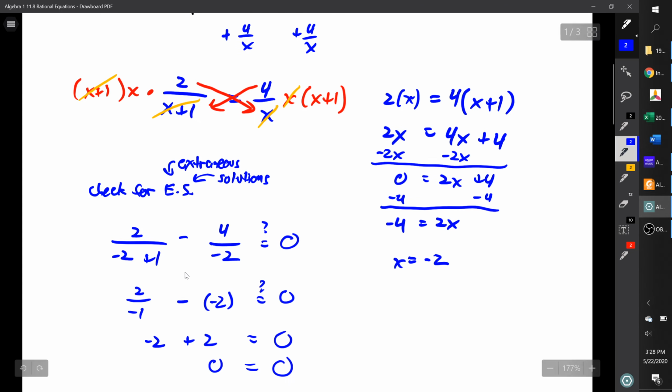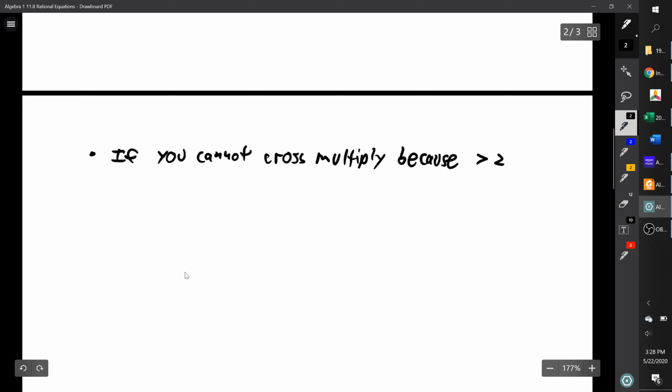Let's do this one next, because sometimes you won't be able to. So let's see. If you cannot cross multiply because you have greater than 2 terms, so you can't just write it as fraction equals fraction because you have more than just the 2 fractions going on. Maybe it's 3 fractions, maybe it's 2 fractions and some other value.